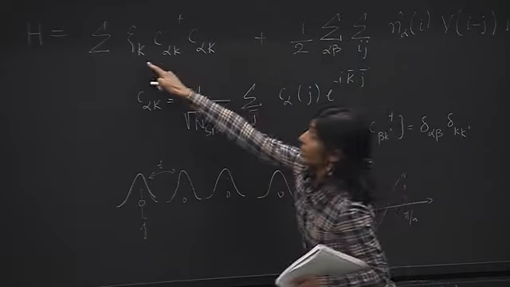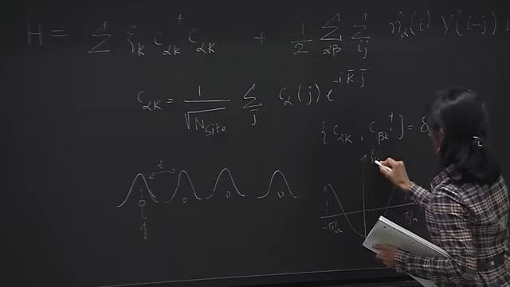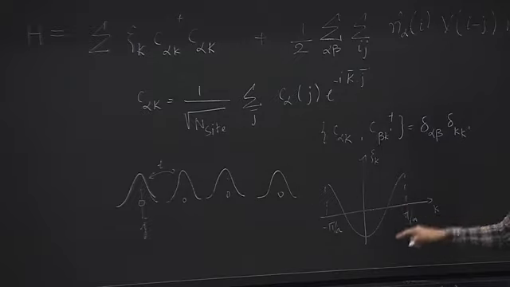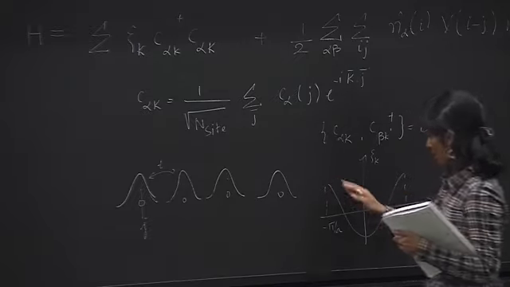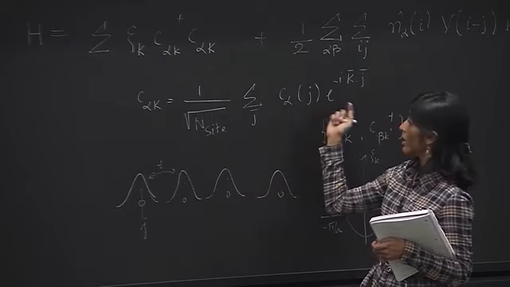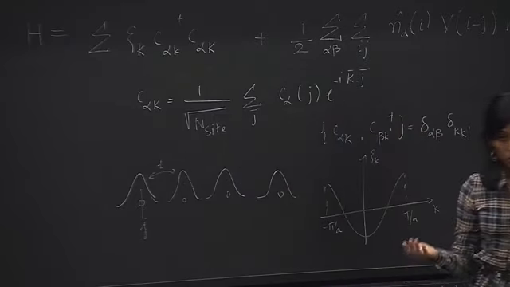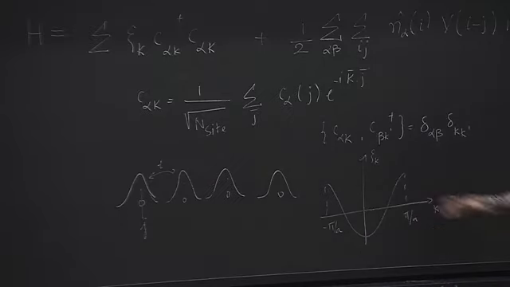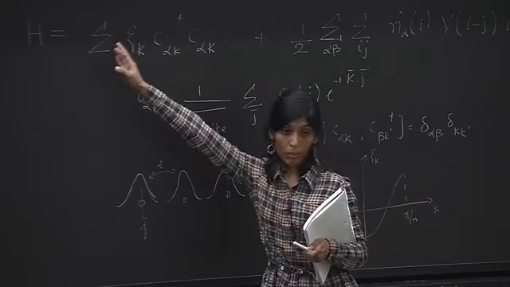And so that here is epsilon of k. Epsilon of k for me is the dispersion of a single band in the Brillouin zone, and C alpha k represent the orbitals in momentum space. Okay, so this part here you should just think of as a tight binding problem that you solved before.